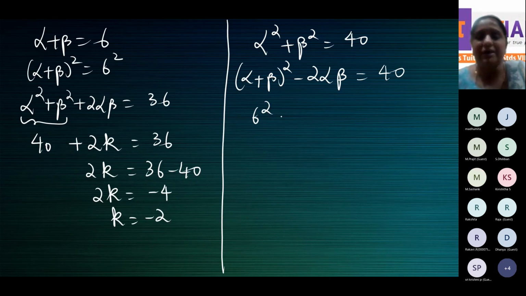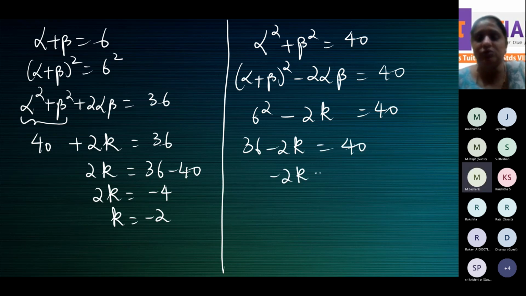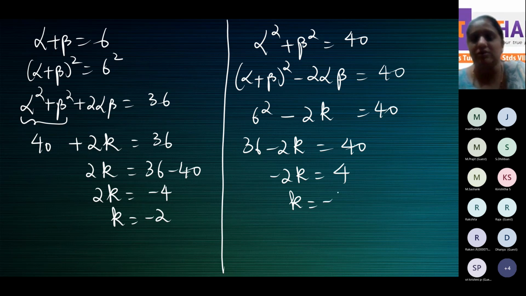So 6 square minus 2 times alpha beta, which is k, is equal to 40. 36 minus 2k is equal to 40. Minus 2k is equal to 4. K is equal to minus 2. So you can do it both ways, children.